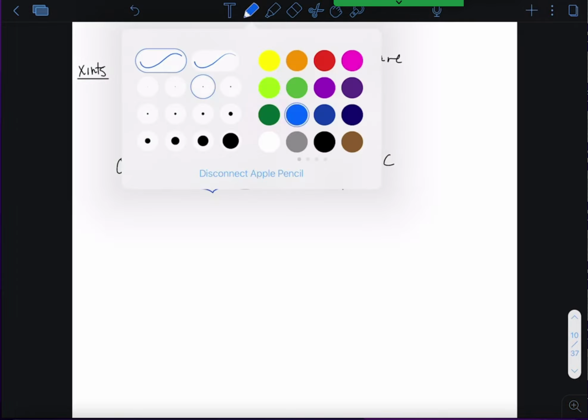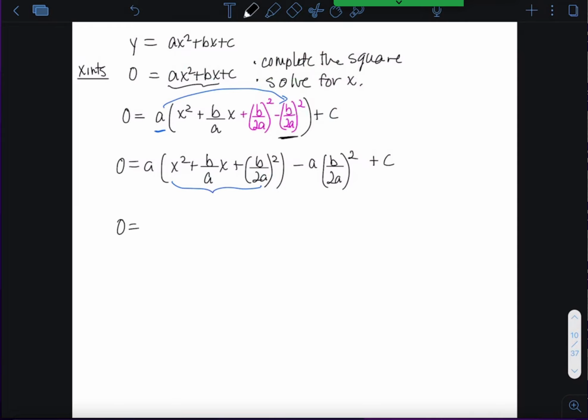So let's do that. 0 equals a, and if you remember, this is kind of nice that we left it in this form, because when I factor it, my result is x plus b over 2a. Okay, and I'm not going to expand this quite yet, because what I want to do at this stage is divide all my terms by a.